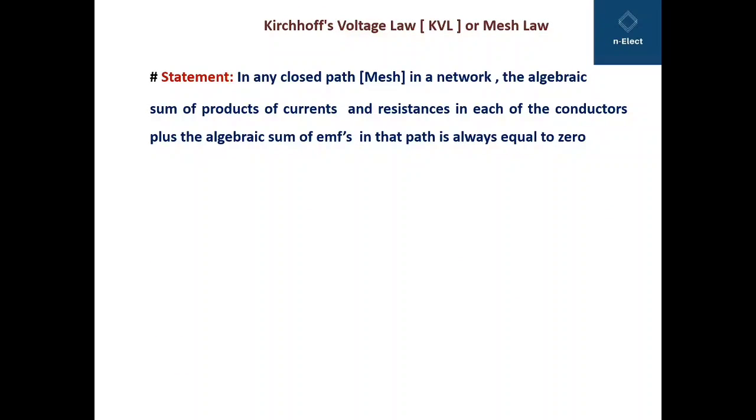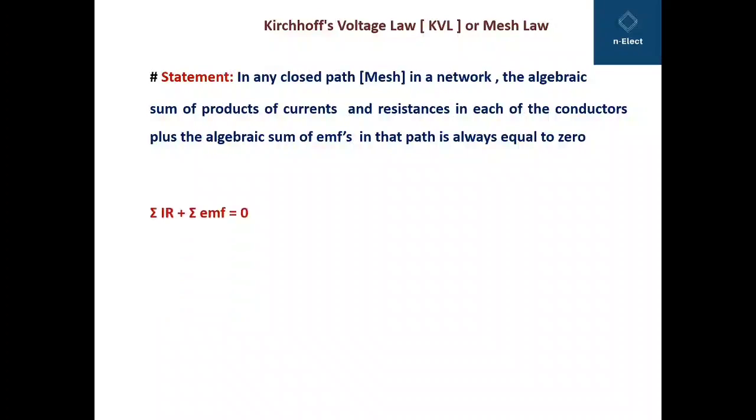Moving on to Kirchhoff's voltage law, also called KVL, mesh law or loop law. The statement is: in any closed path, also called a mesh or loop, in a network, the algebraic sum of the product of currents and resistances in each of the conductors plus the algebraic sum of EMFs in that path is always equal to 0.